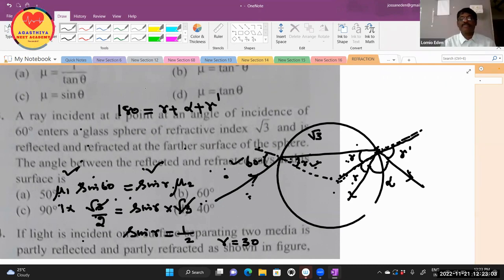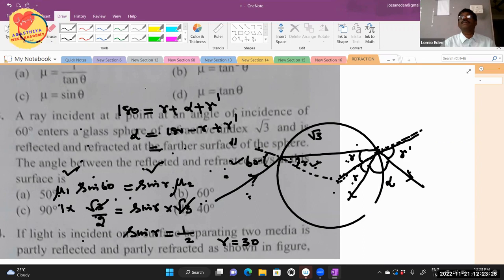Correct? Now, we have to find out the alpha value. Alpha is 180 minus R plus R dash.